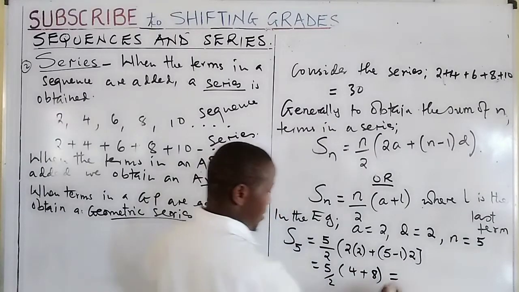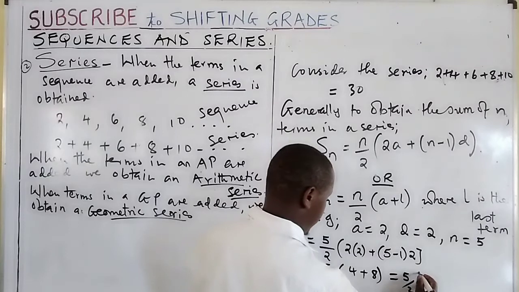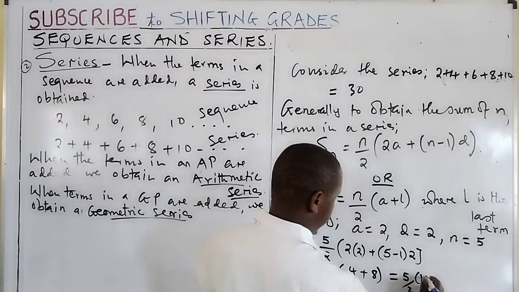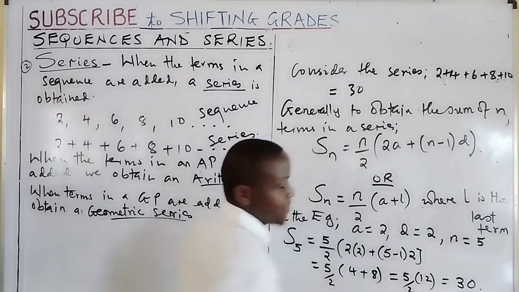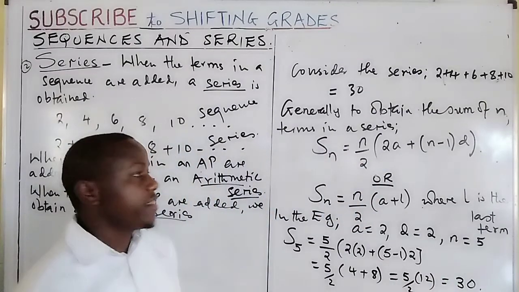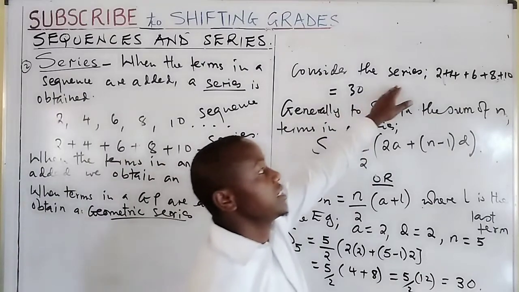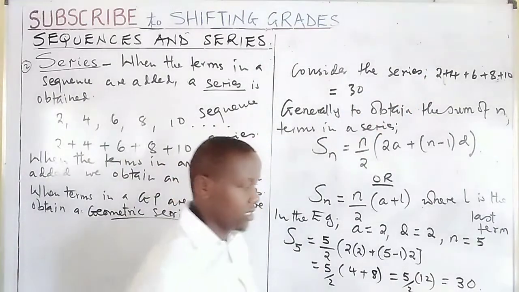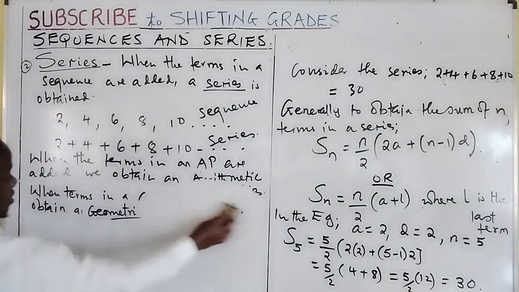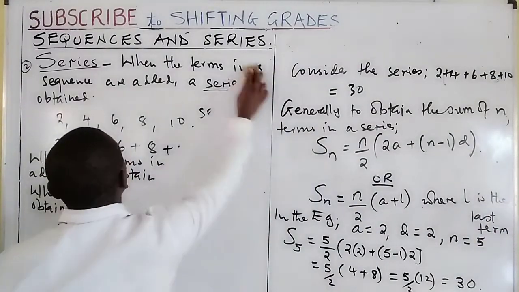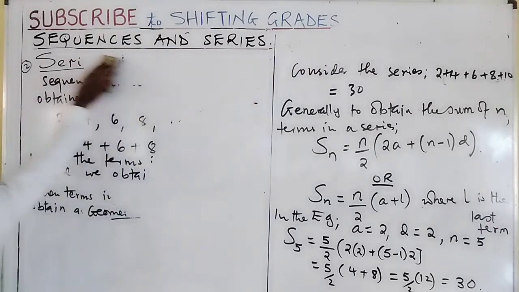Therefore, this will be 5 over 2 multiplied by 12. So 5 by 6, we get 30. Just the same as we got after adding in the long method.